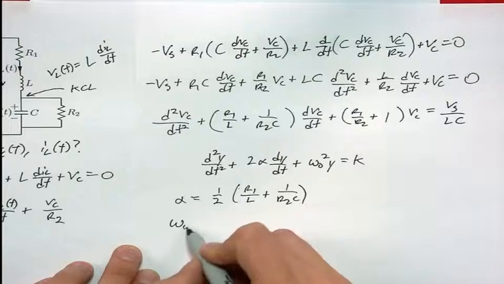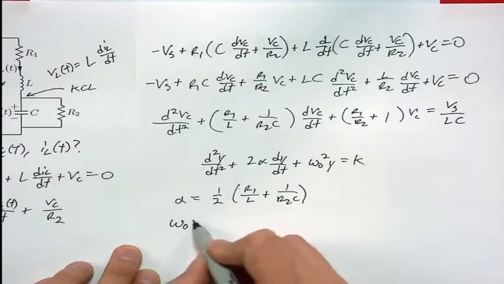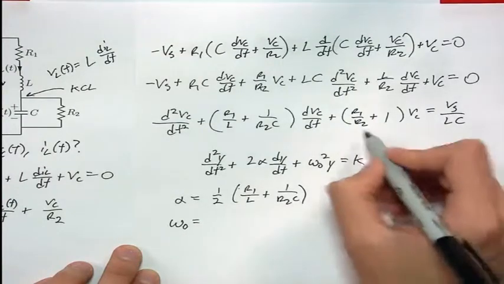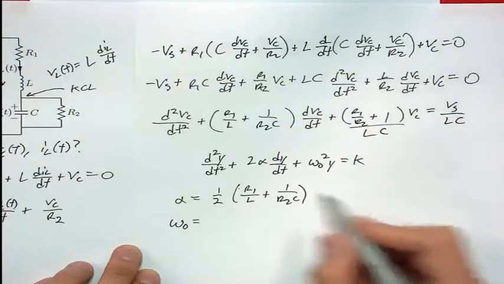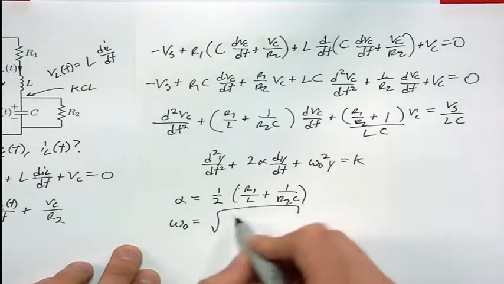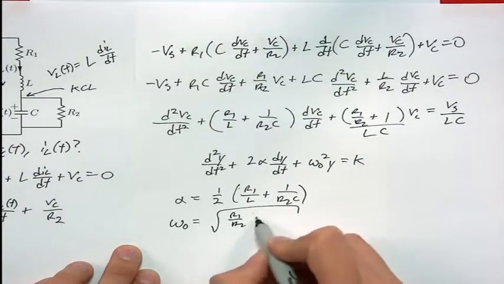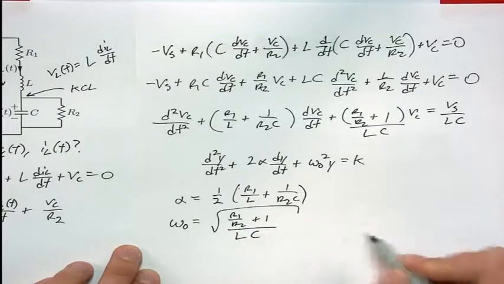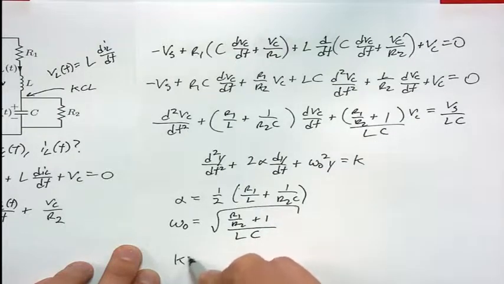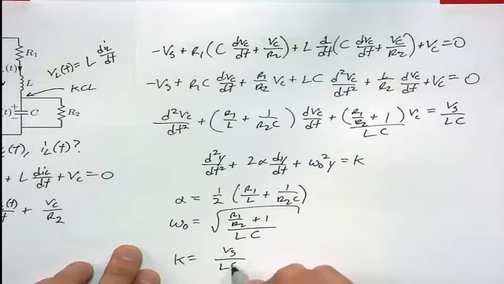Our omega naught is the square root of R1 over R2 plus 1, all over LC. And our K is Vs over LC.